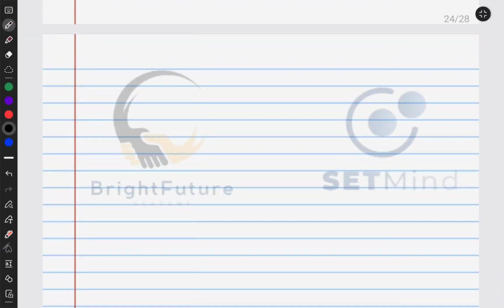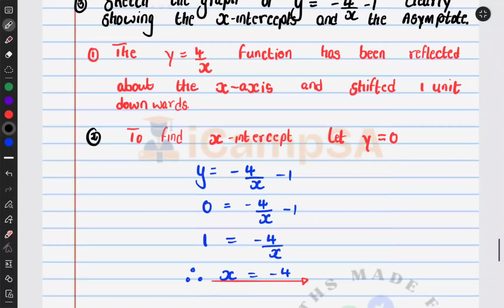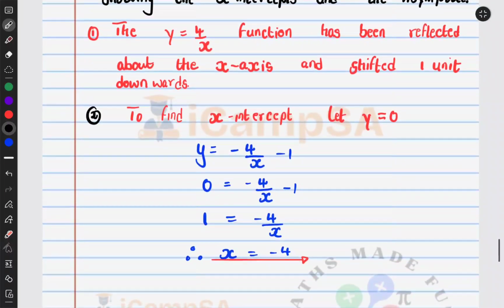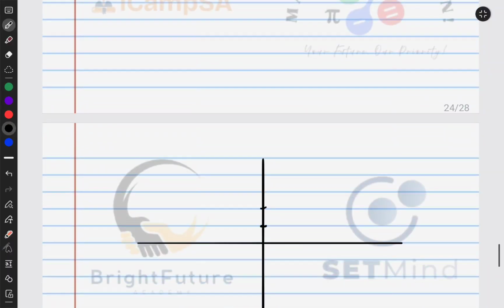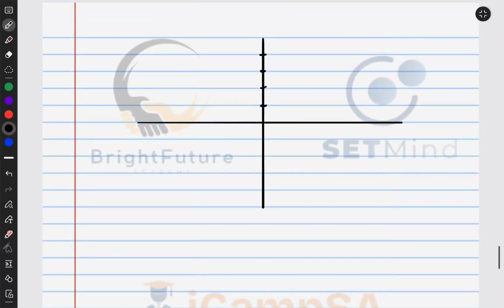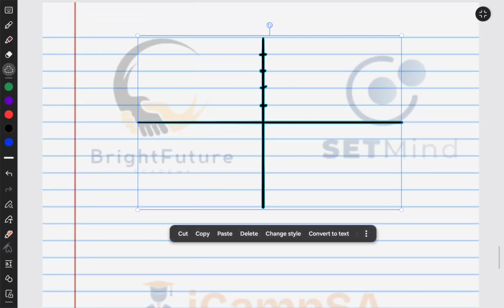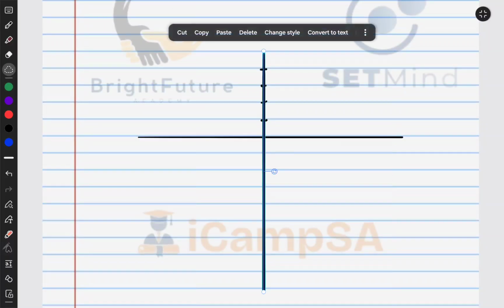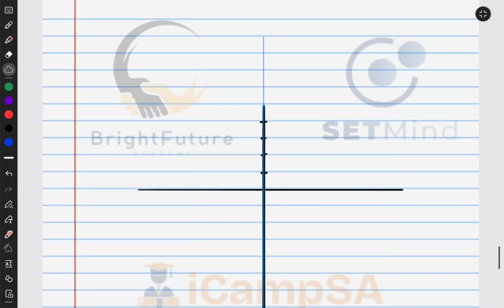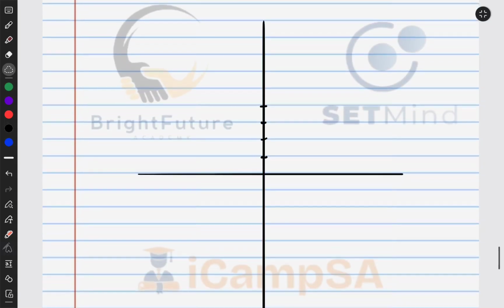Before we even do the table, there are certain things we can just do from the word go. I'm seeing what calibration I should use. If we say 1 2 3 4, we do have space, so I can make this a little bit bigger.